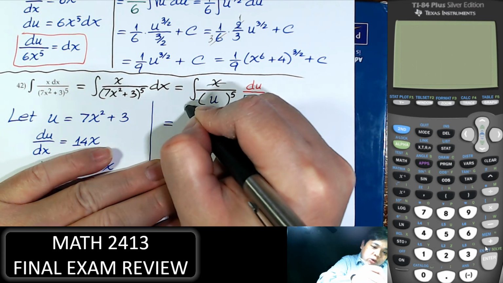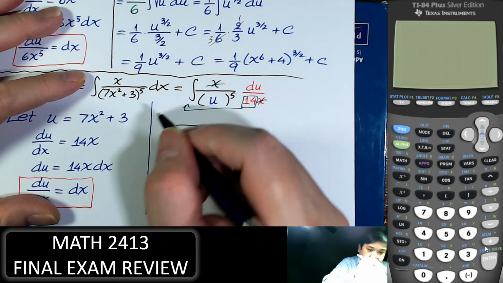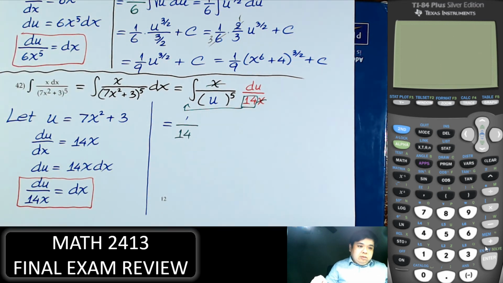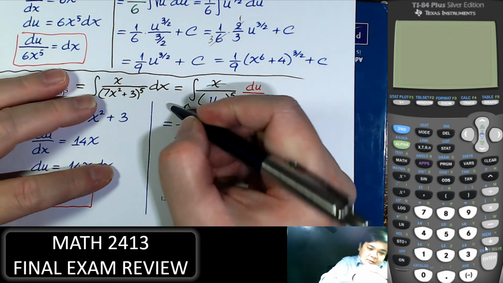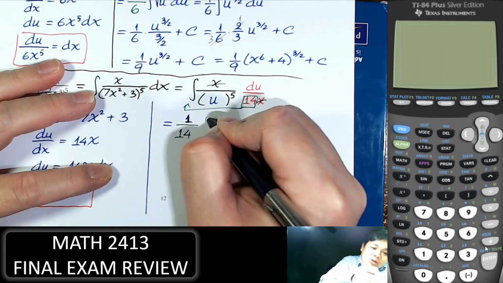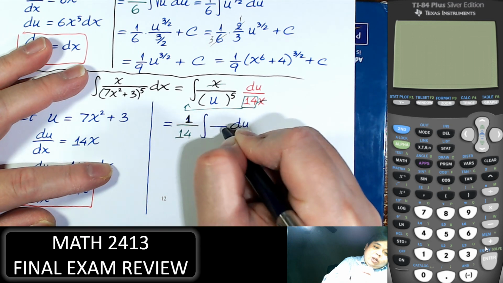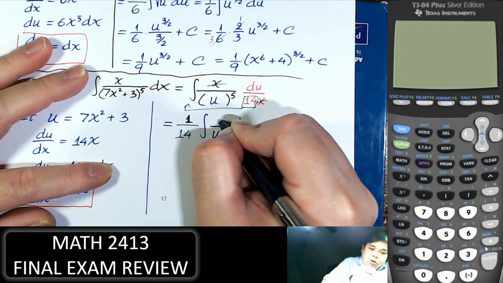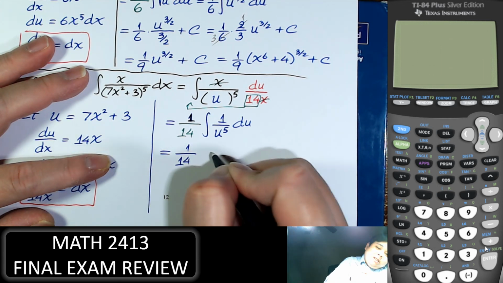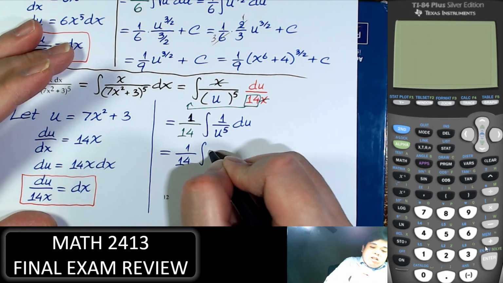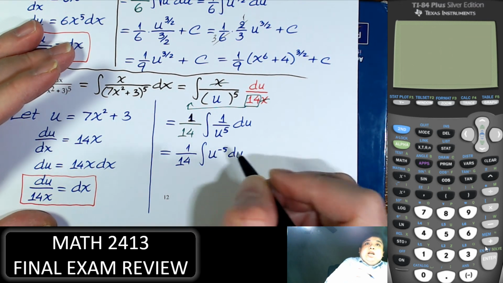At the bottom. So move outside, still the bottom. So we have du and then u to the fifth at the bottom. Also need one on the top. Just rewrite that as u to the negative 5, so we can use the power rule.